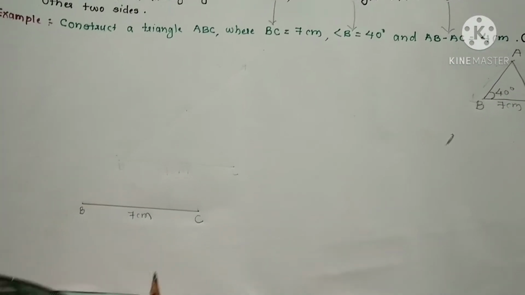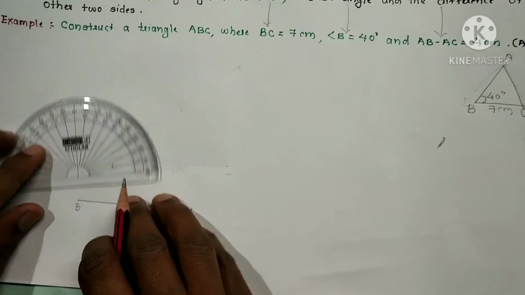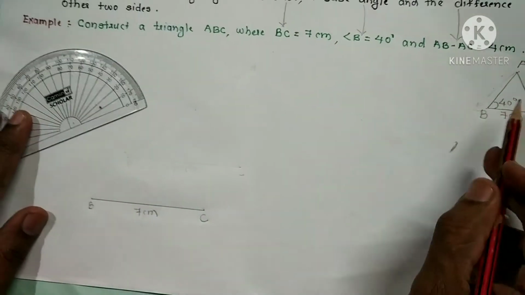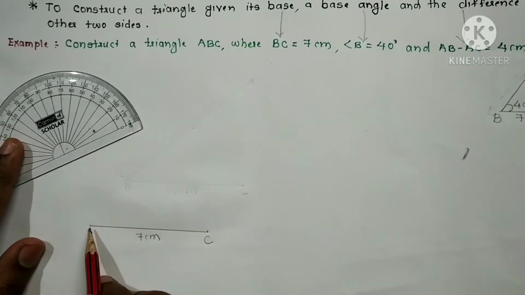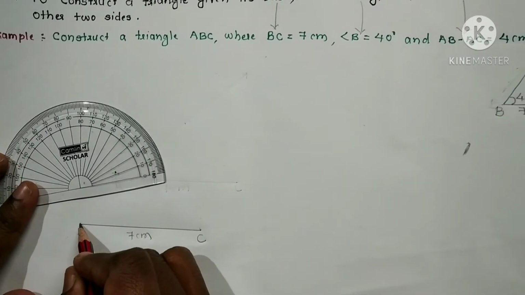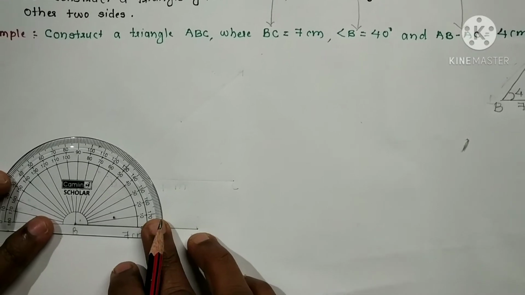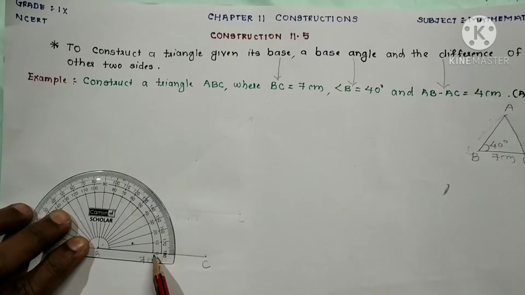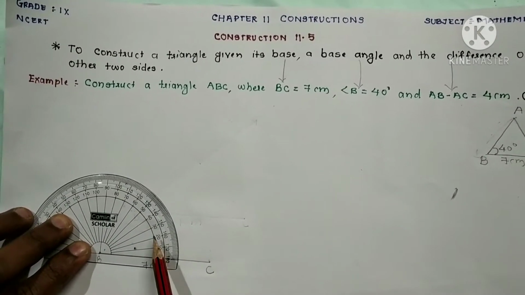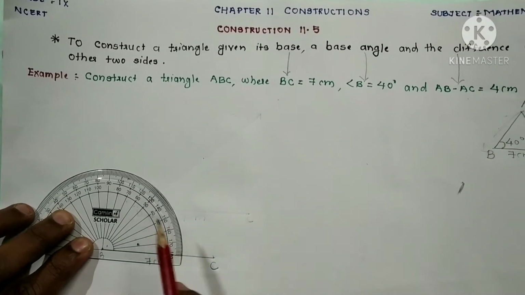Then second step, draw an angle of 40 degrees at point B. So this is point B. Here you have to draw an angle of 40 degrees. So this is 0, 10, 20, 30, 40.